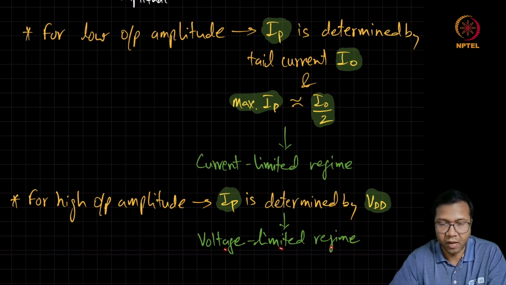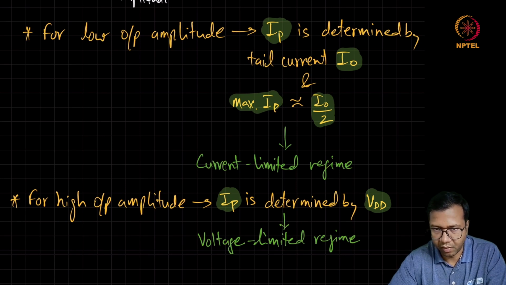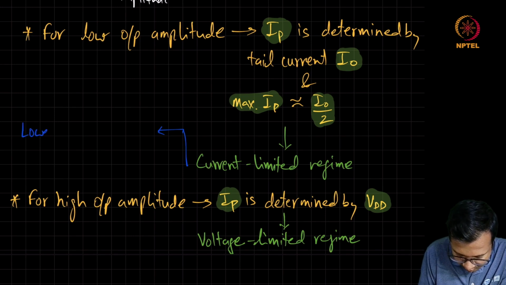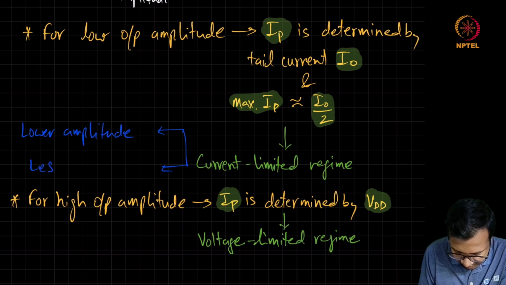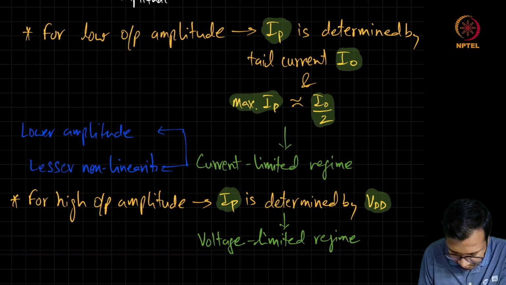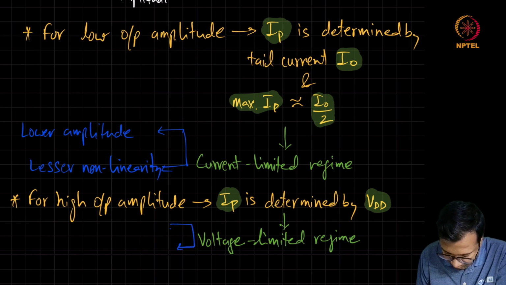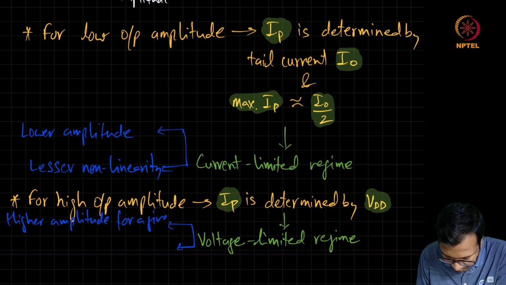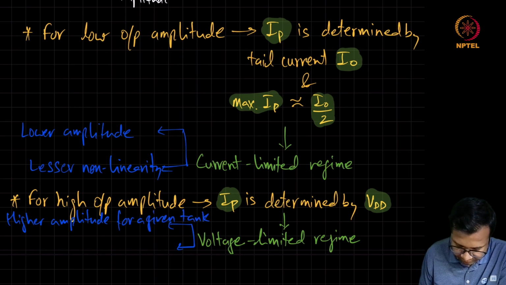The current limited regime will give you lower amplitude but lesser nonlinearity, whereas the voltage limited regime will give you higher amplitude for a given tank with a given loss, but it also comes with more nonlinearity.